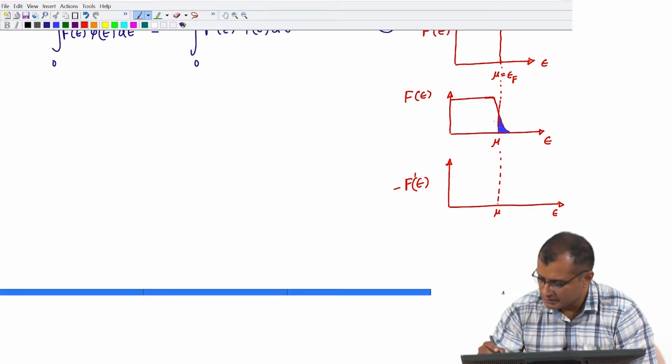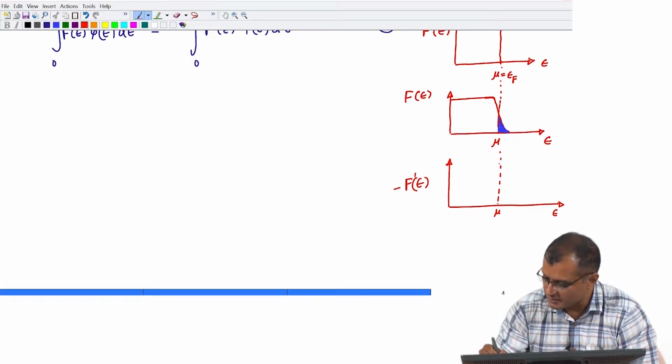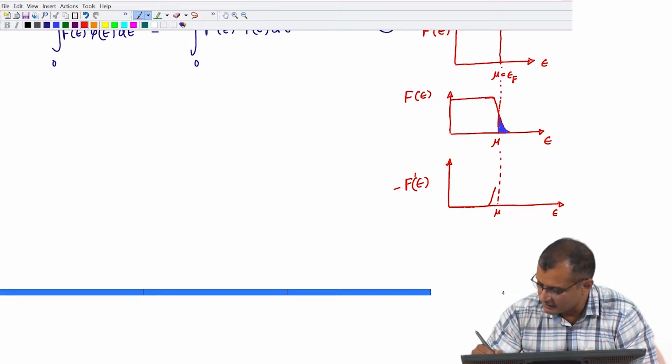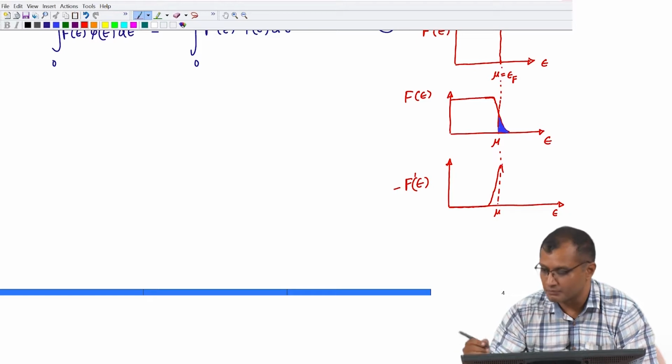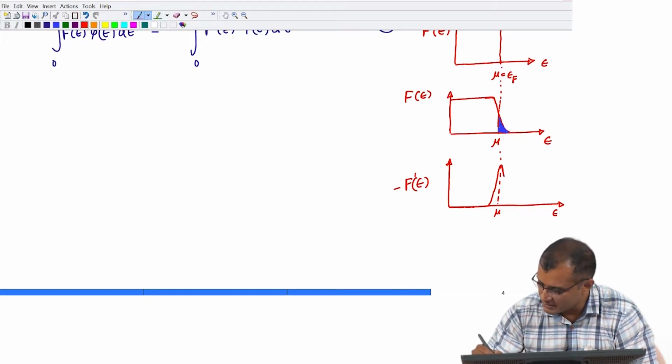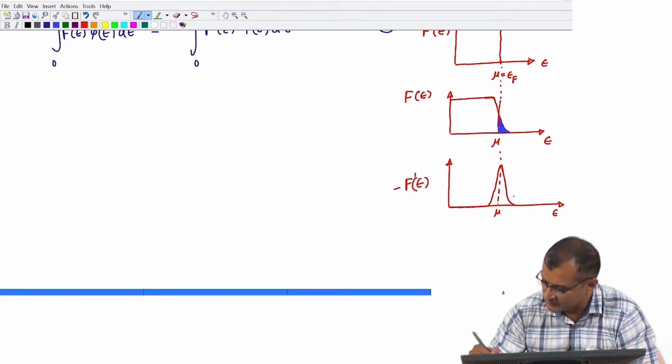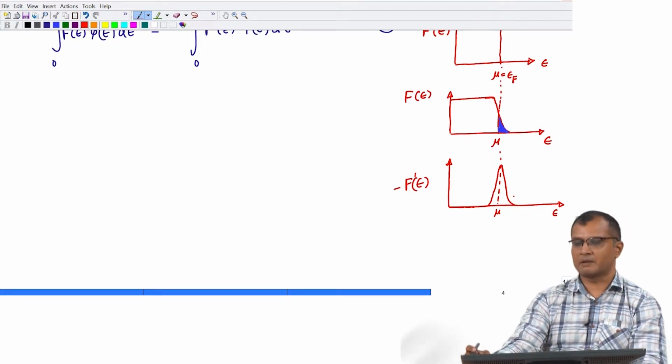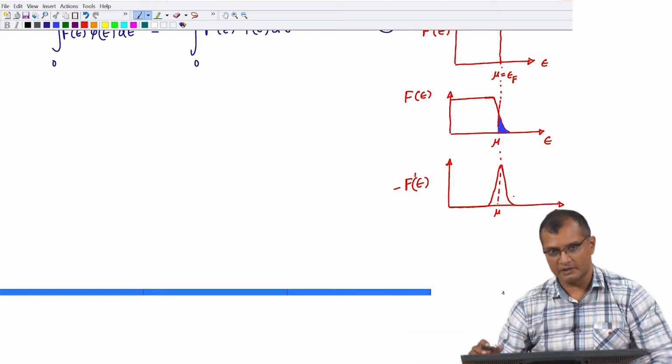Then for all these values where the Fermi function is constant, there shall be no variation, and very close to mu I will have a non-zero derivative peaking exactly at mu, and again because it has to come down to 0 as the Fermi function becomes 0 and remains 0 all the way to infinity.